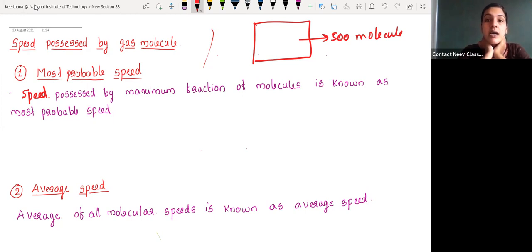Which means of the total number of molecules, most of the molecules have a certain velocity, which is known as most probable velocity.